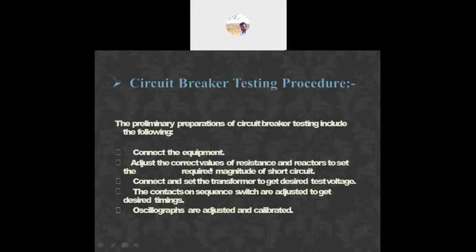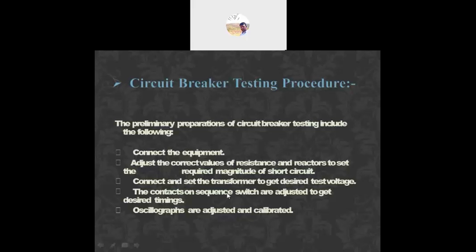Here we have to adjust the equivalent, correct values of the resistance and reactors to set the required magnitude of the short circuit. We have to check whether that is the required output or not. Next, connect and set the transformer to get the desired transmission, and check whether there is variation or not.